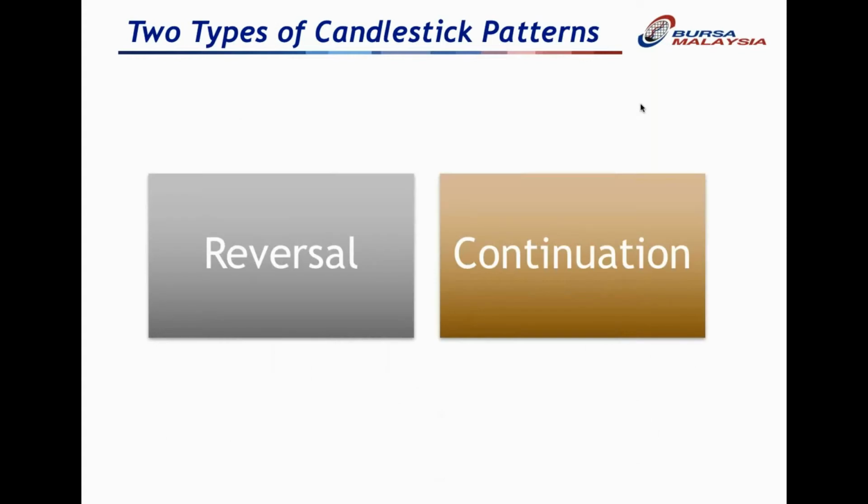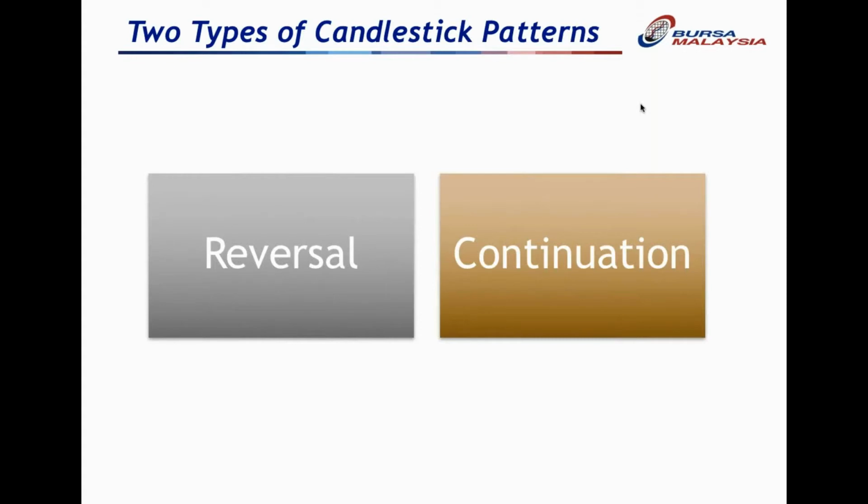Okay, there are two types of candlestick patterns. We have reversal candlestick patterns and continuation candlestick patterns. Today we will spend time studying these two, but we will emphasize reversal a bit more than continuation, because reversal is very critical and it will tell you when it's likely to be the turning point.